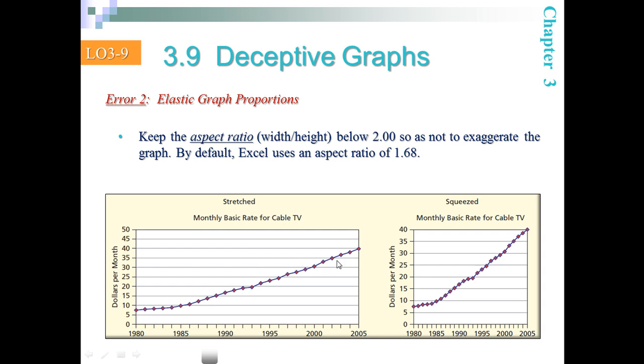But when we look at the same data with a different aspect ratio, then we get what looks like a much steeper increase. So those are, again, things you want to look at. Excel uses a default of 1.68 for the aspect ratio, but you want to keep that number below 2.